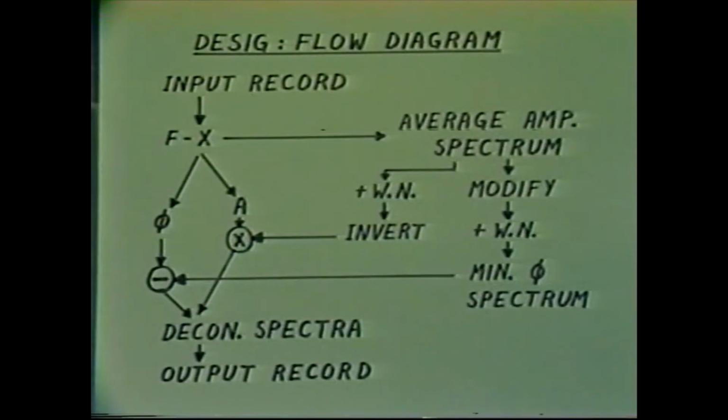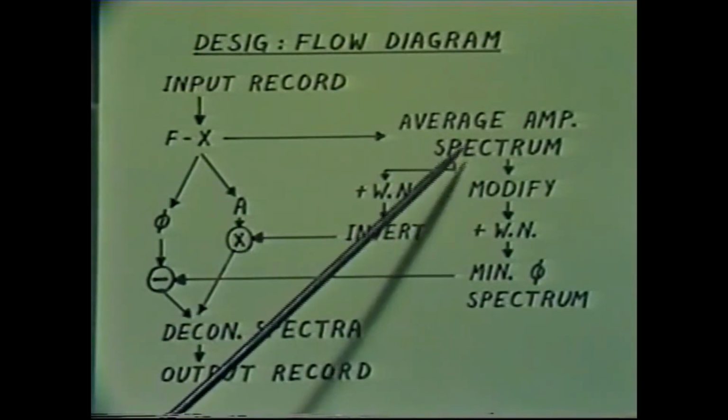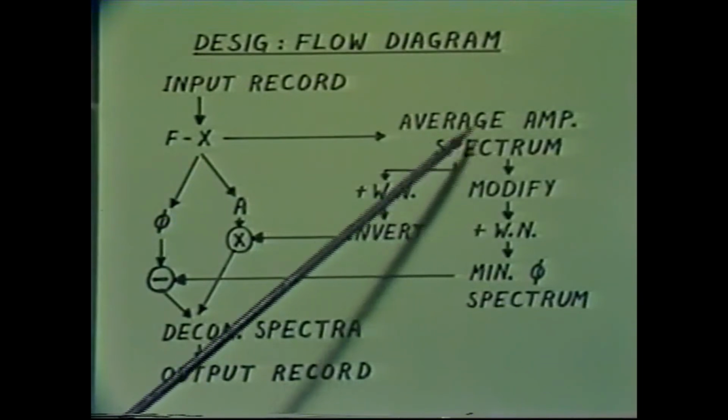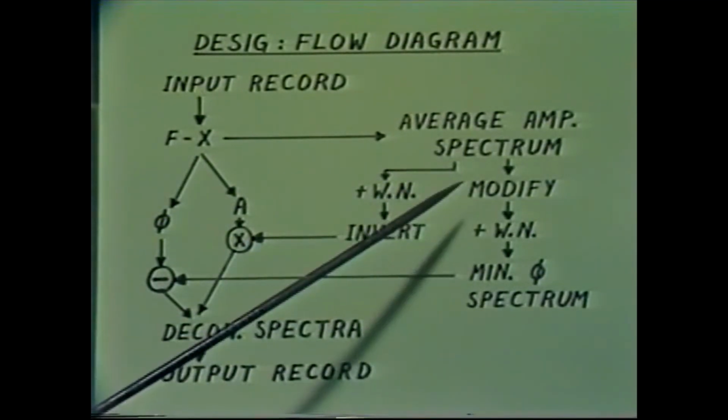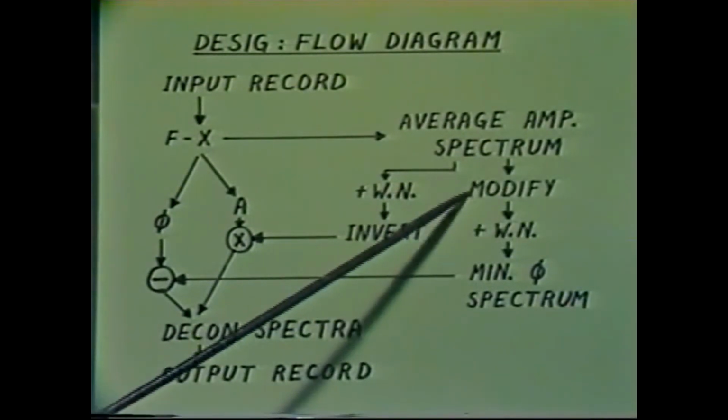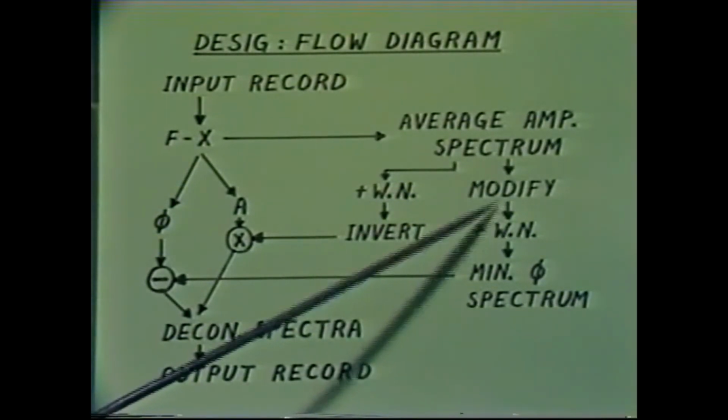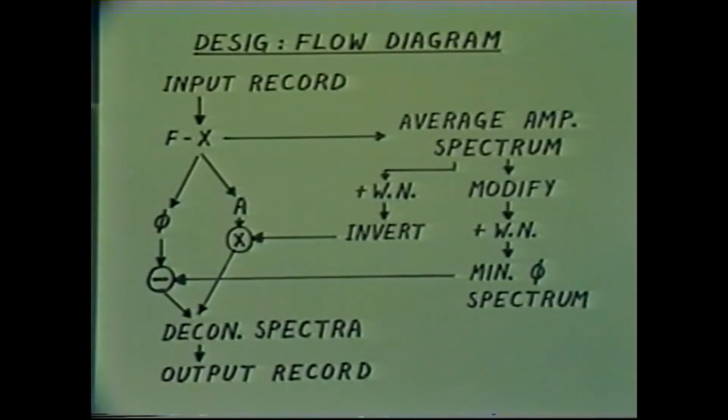Now the average amplitude spectrum is used in a slightly different way to obtain the phase spectrum for the deconvolution filter. It's first of all modified to some extent. Now this modification simply consists of altering the very low frequency and very high frequency parts of the average amplitude spectrum. At the very low and high frequencies, the average amplitude spectrum is controlled mainly by the noise which is present on the input record.